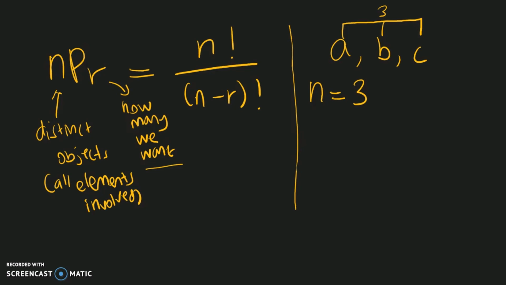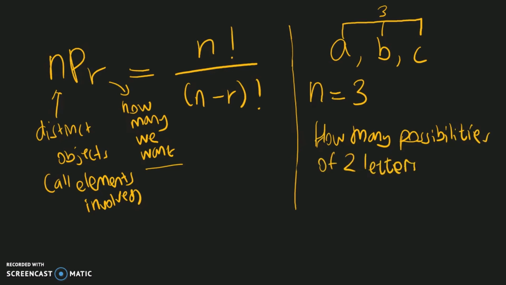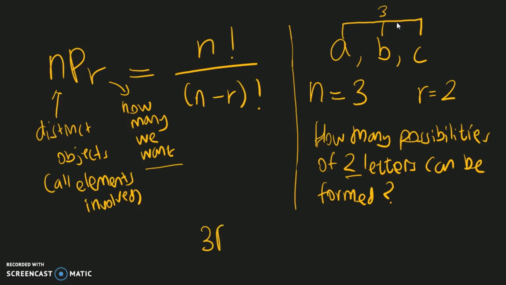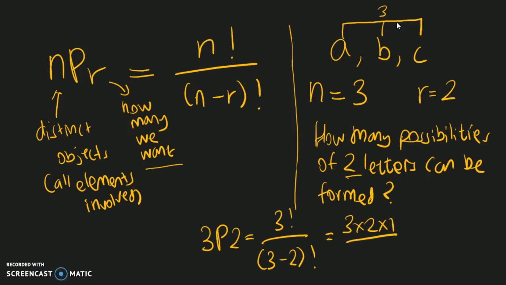So the question we presented is, let's say there are 3 letters. How many possibilities of 2 letters can be formed? Since n is 3 and we only want 2 letters, r becomes 2. So when we put it back into the main equation, 3P2 is equal to 3 factorial over 3 minus 2 factorial. 3 factorial is 3 times 2 times 1. 3 minus 2 is 1 factorial.